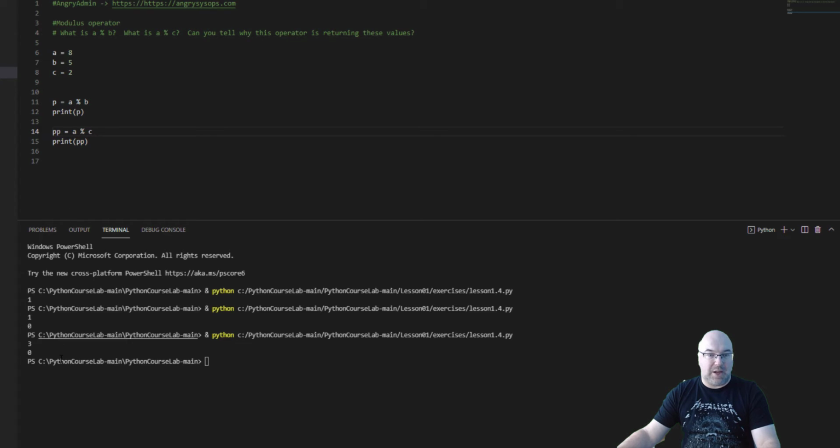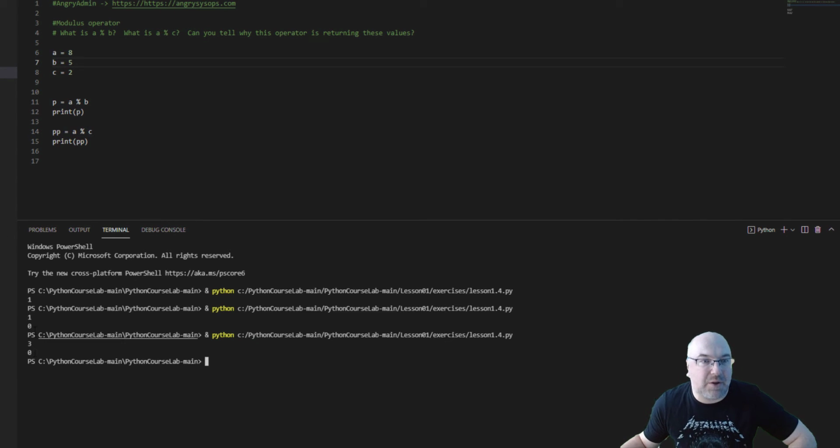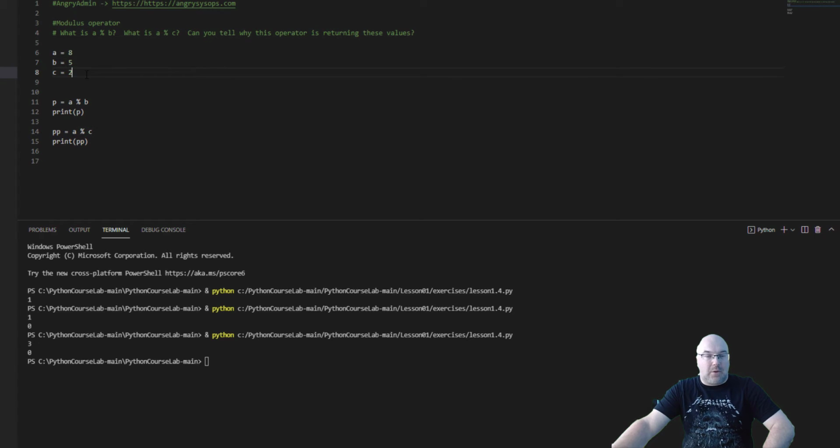So you see it's a 3 and 0. Why is it 3 and why is it 0? Let's say for the easy one, 2 multiplied by 4 is 8, and there's nothing left. That's why it's 0.